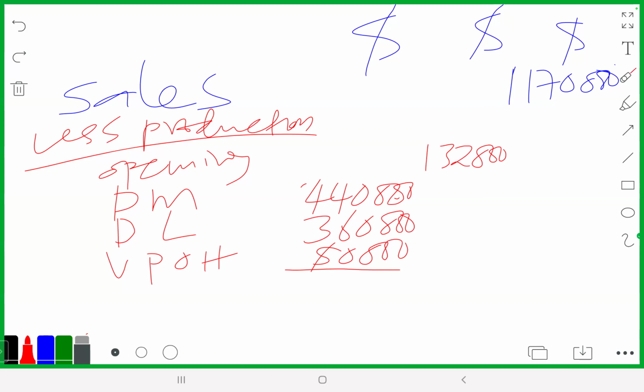We can add all these, and what we find as the total production cost is 880,000.